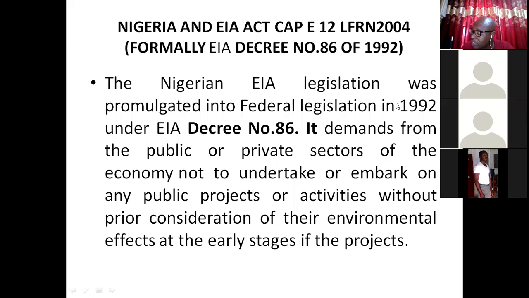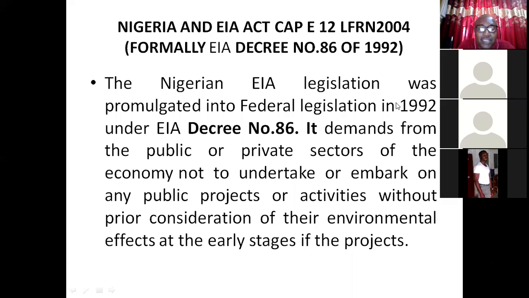EIA started in Nigeria as a form of accident. I gave you the history of how the Koko toxic waste came into Nigeria and helped the country to open our eyes to the various forms of laws that we should use to protect our environment. There are several laws that started during that military era.